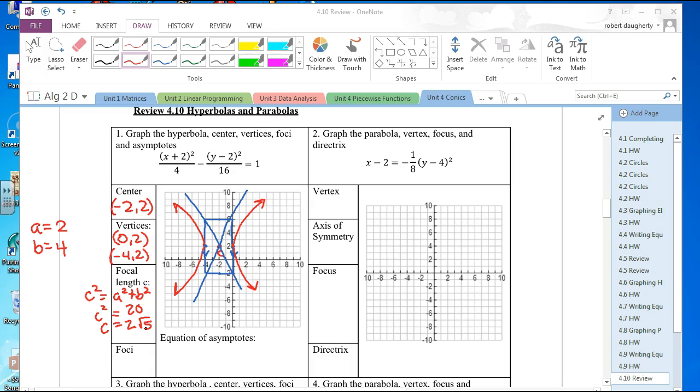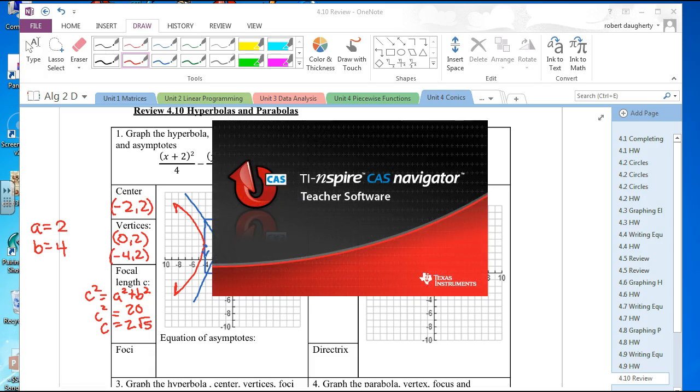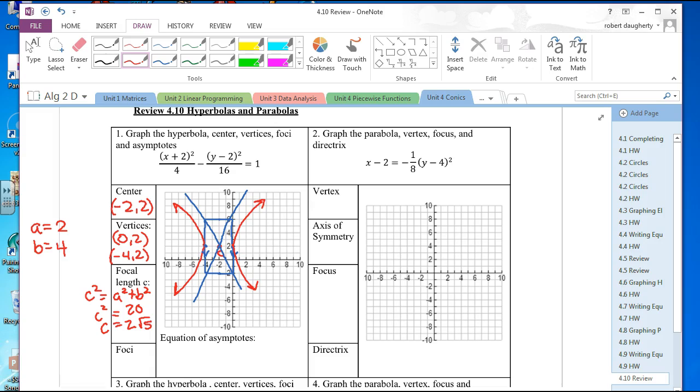That means I'm going to have the focal points at a distance of 2 square root of 5 away from the center. So the foci are going to be at -2 plus 2 root 5, 2, and -2 minus 2 root 5, 2. That's that focal length.